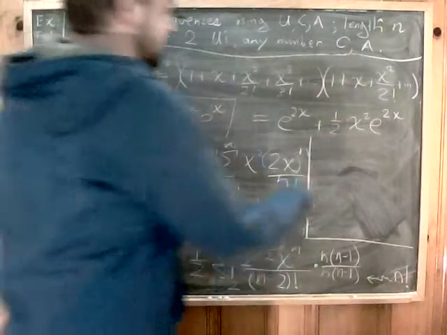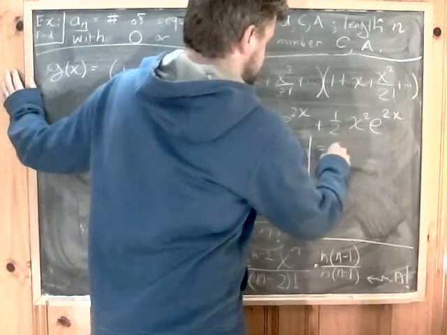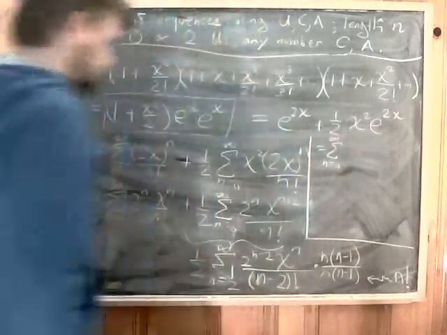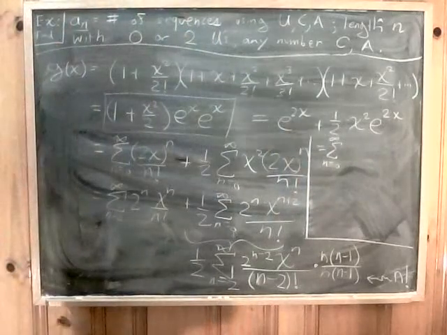So what I have left is summation n equal to 0 to infinity. Oh yeah, and this I mentioned as well.